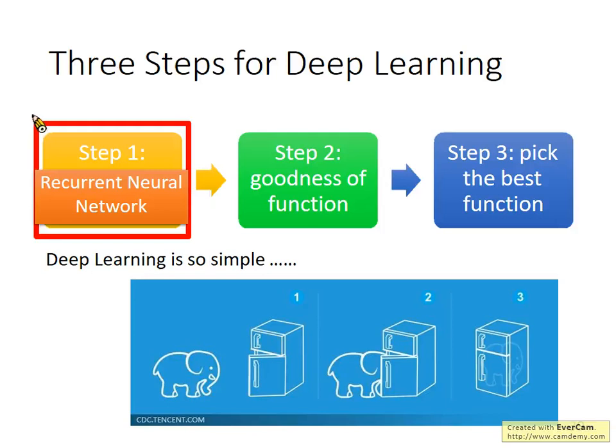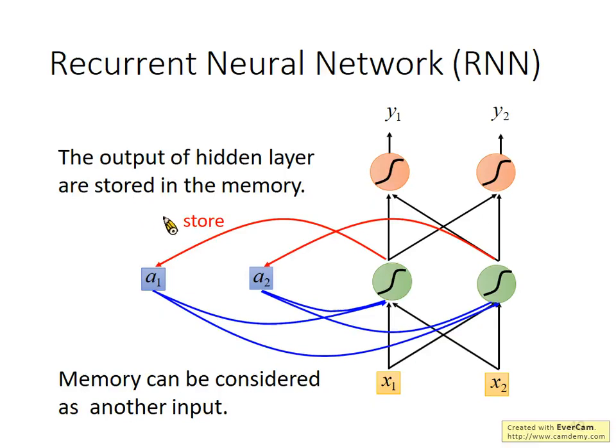So let's recap the 3 steps of constructing a deep neural network. The first step is to define the structure. And here we introduce the recurrent neural network, or RNN in short. Here is the basic idea of RNN. Given the feed-forward network, the input is a vector, and through the process of many layers we can calculate the result.